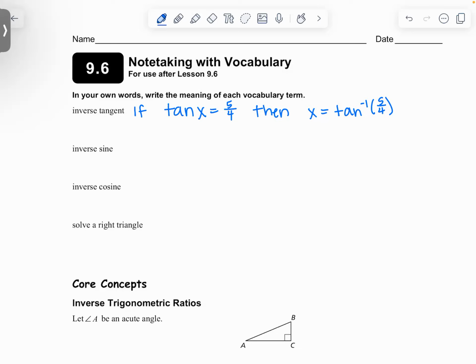So you're going to hit second tangent, and that tan^-1 will come up, and then you can type in 5 divided by 4. 51.3.